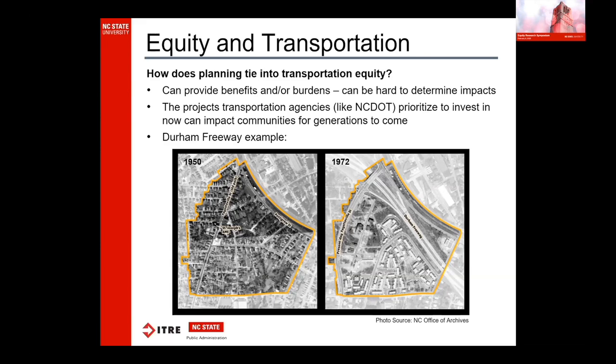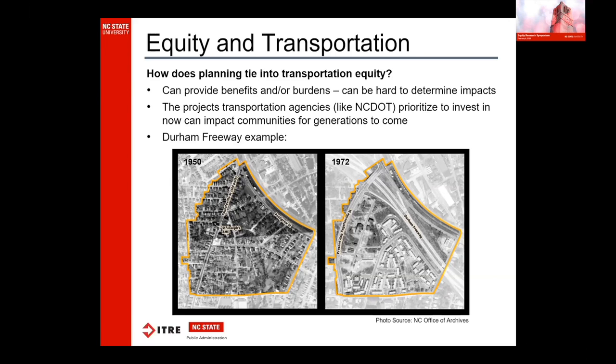In the case of the Durham Freeway, you can see here in 1950, this was a historically Black community, and then a giant freeway was put through that community and essentially obliterated a lot of what was there. It displaced people, businesses closed, people had to move. That's an example of how a transportation project, even though it was meant to provide a benefit, actually ended up burdening a community.